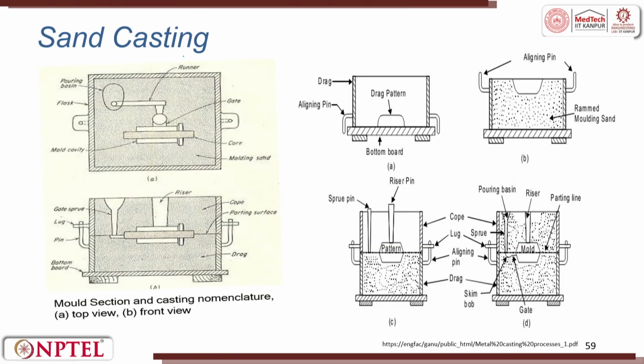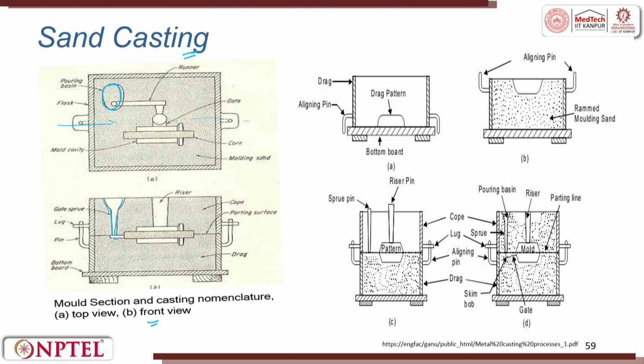When we talk about sand casting, as I told you, it will be made of two parts. The A portion talks about the top view, and the front view is seen in the B figure. So, we will see here very clearly the pouring basin, and then it has a taper. So, that taper is seen here. Then it is attached to a runner which goes here.